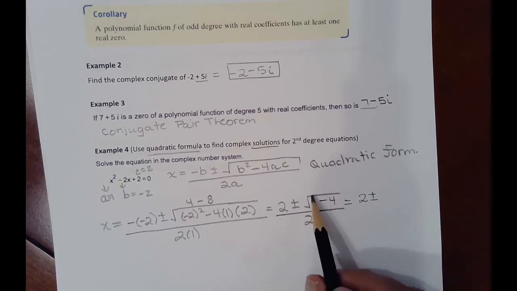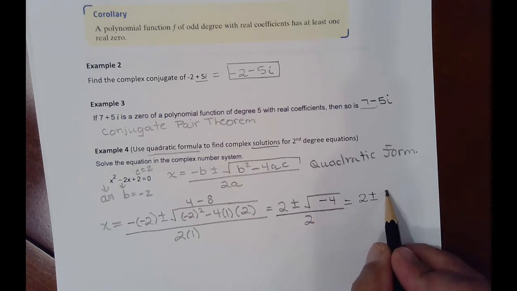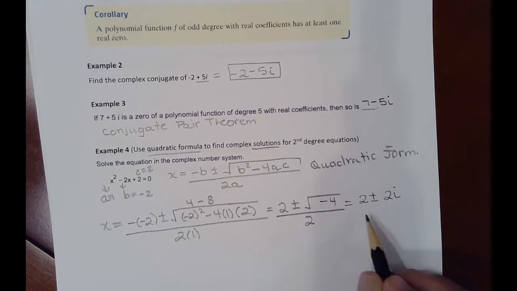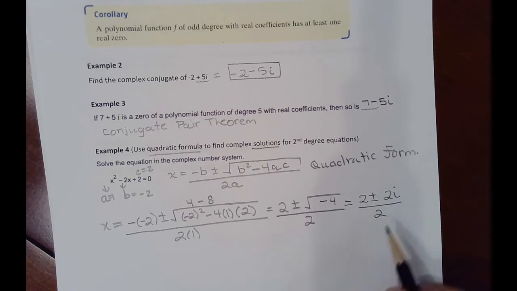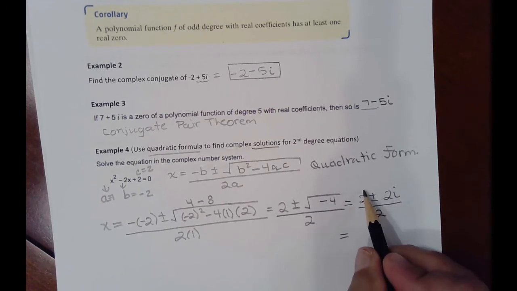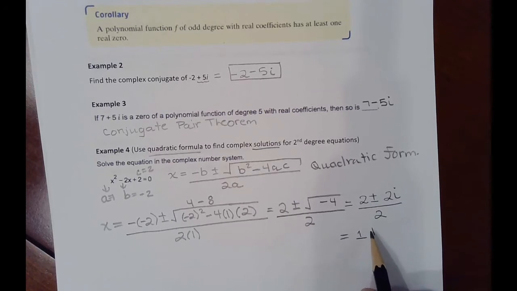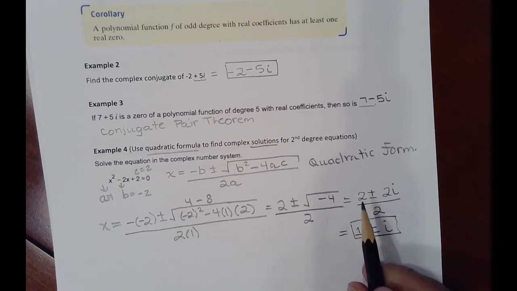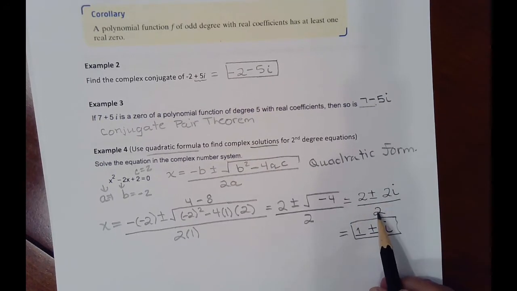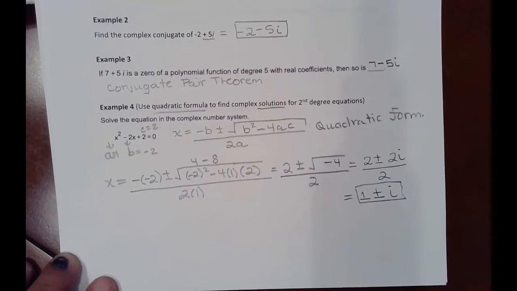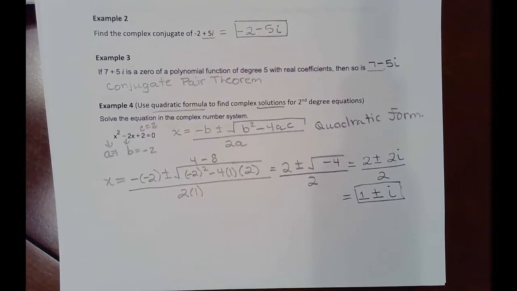So the square root of this would be 2i over 2. 2 divides into this, this, and this. It would be 1 plus or minus 1i. 2 divides into that once, and into that once, and into that once. And you know that when the denominator is 1, you don't need to report it. So that's the final answer there.